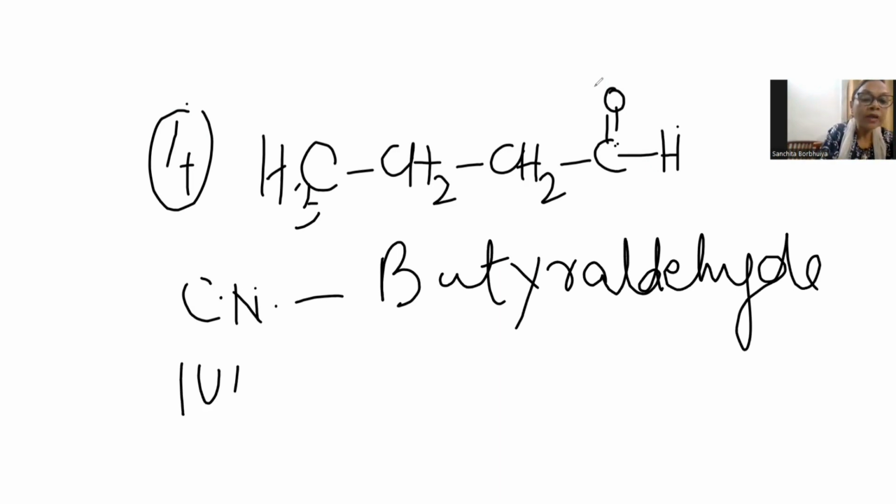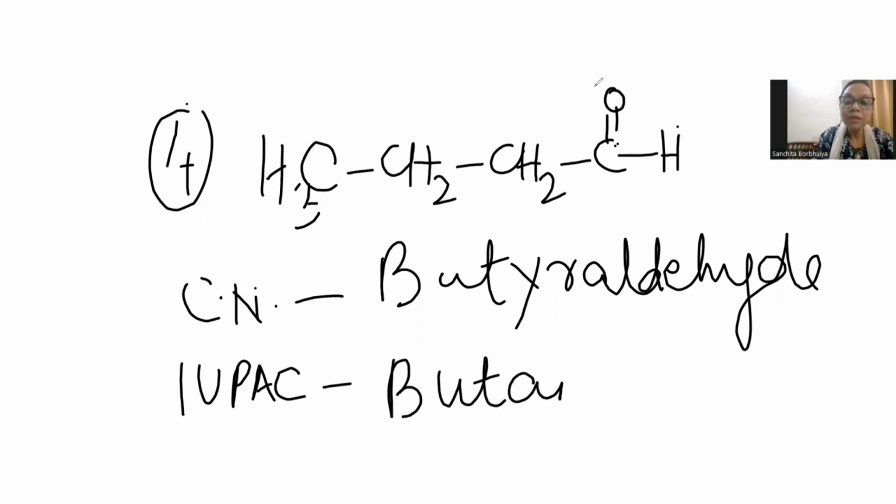So if you go to the IUPAC name, yes, it is made from butane. So butane is the starting compound for this. So it is butanal. Butanal is derived from the 4-carbon butane.